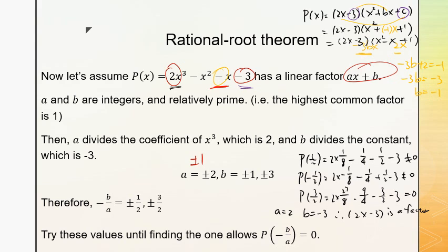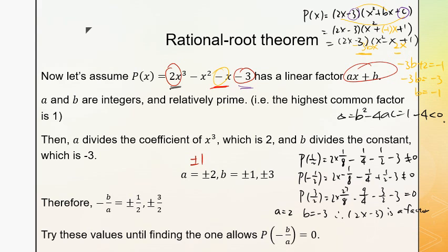Then you can think about whether we can further factorize it. The rule for us to tell whether you can factorize it is to look at the value of the discriminant. In this case the discriminant is equal to b squared minus 4ac. Therefore, that is equal to 1 minus 4, less than 0.